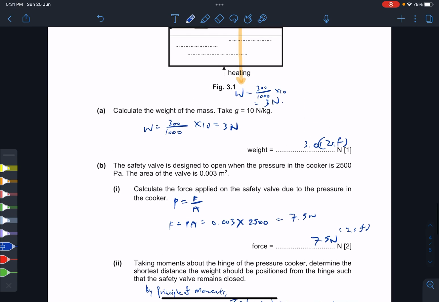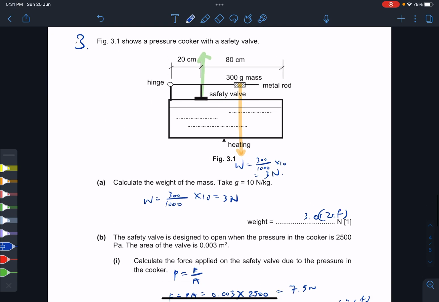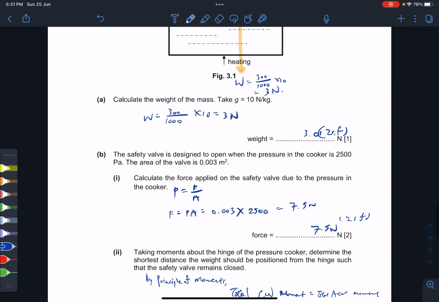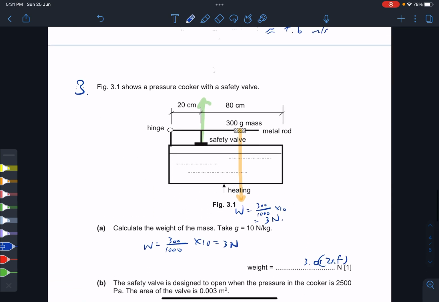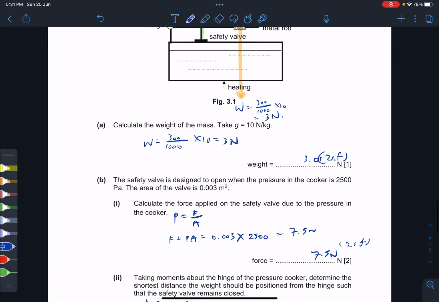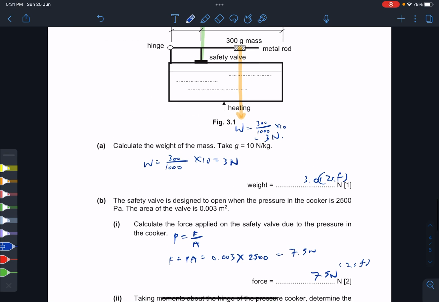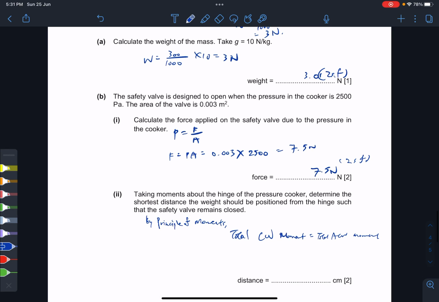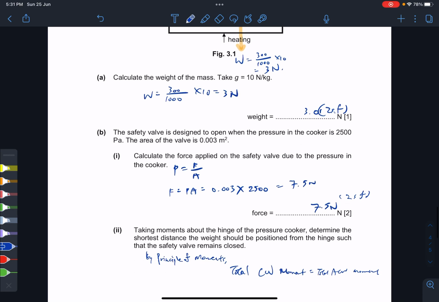So, we know about the hinge. Do we know the distance from the hinge? No, we're supposed to find it. It says taking moments about the hinge. We know the force. Isn't the force 7.5? So that is anti-clockwise.